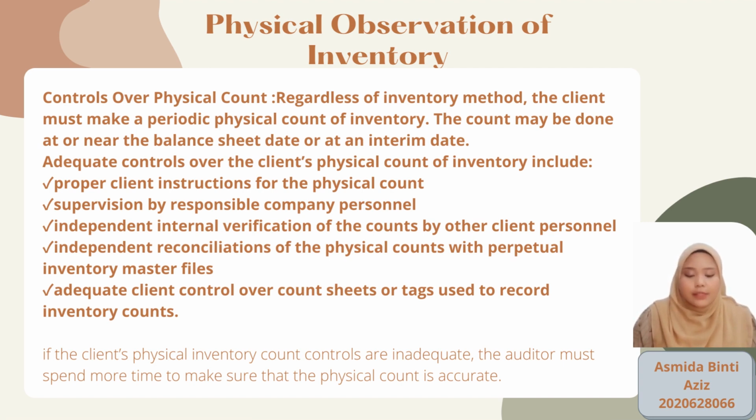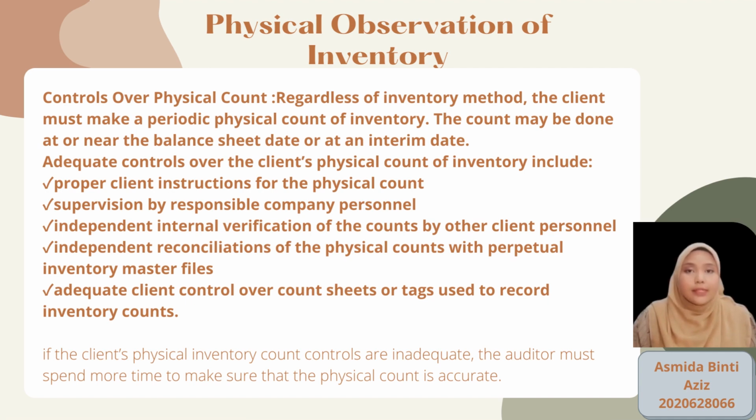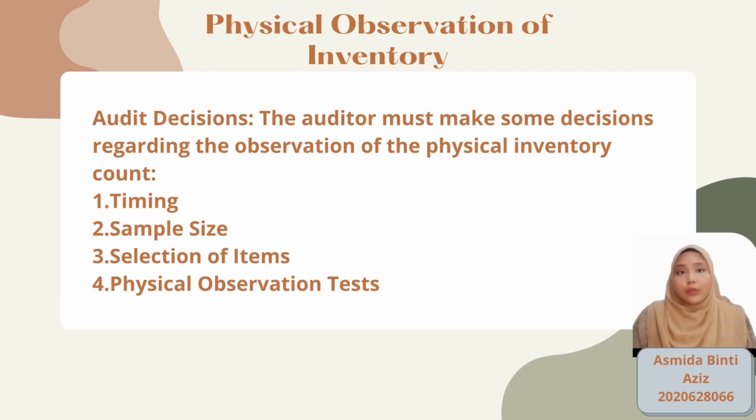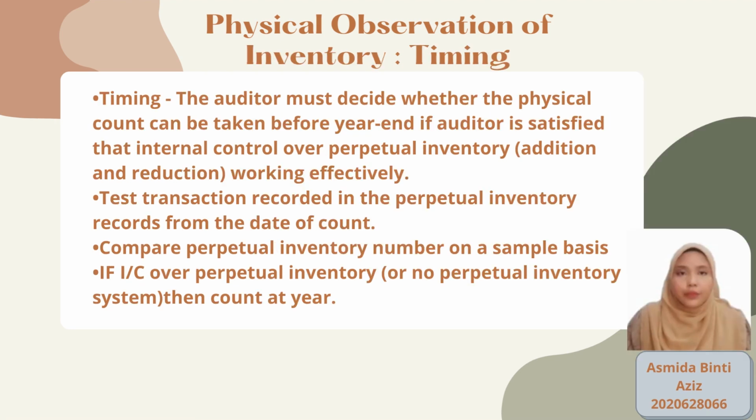If the client's physical inventory count controls are inadequate, the auditor must spend more time to make sure that the physical count is accurate. Under audit decisions, the auditor must make some decisions regarding the observation of the physical inventory count, which are timing, sample size, selection of items, and physical observation test.